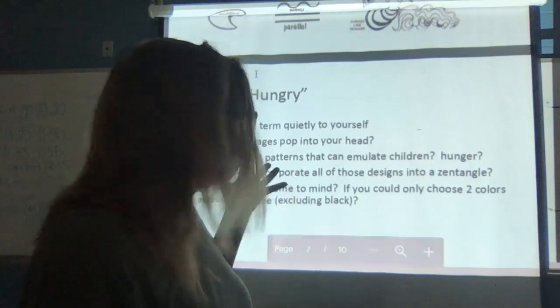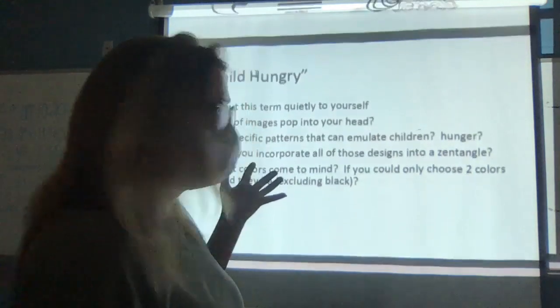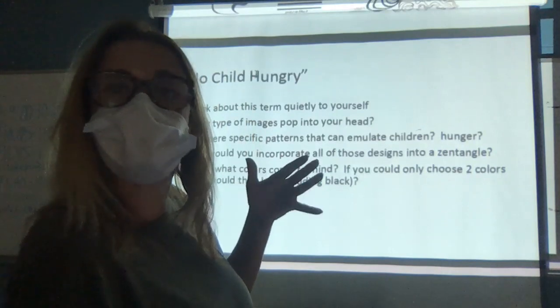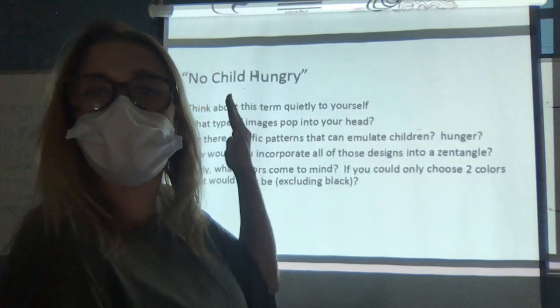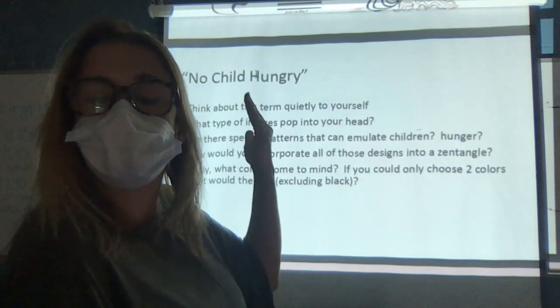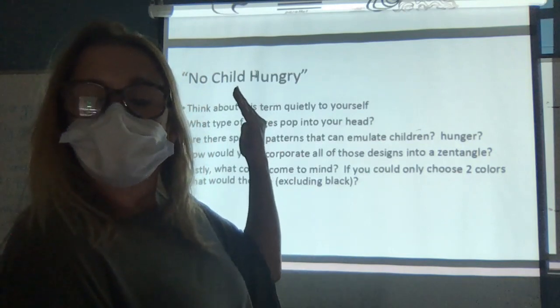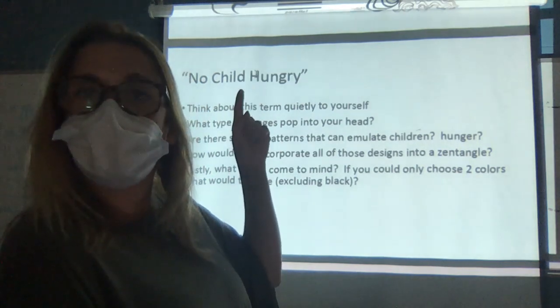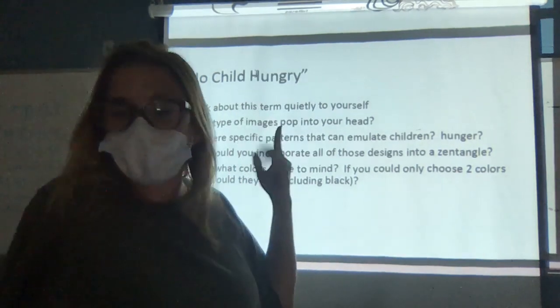Obviously you're going to be using black for the majority of everything you're doing. What are two colors that come to mind when you're thinking of your social problem, concern? I don't want to confuse you.